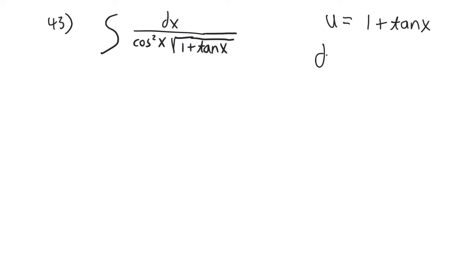So therefore, du is going to be, now, if you look at your reference guide on your trigonometric derivative reference guide thing, it is the case that the derivative of tan x is secant squared x dx. Now, you might be wondering, okay, well, how does that help? Right?